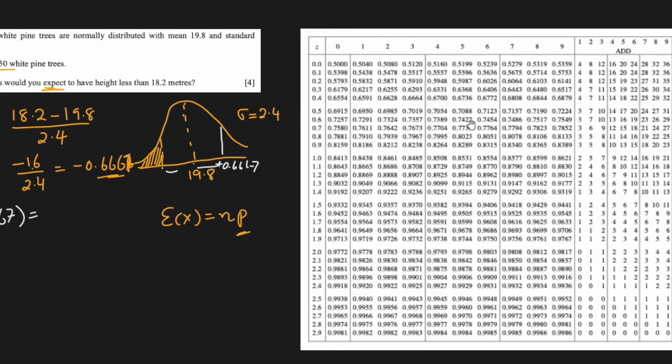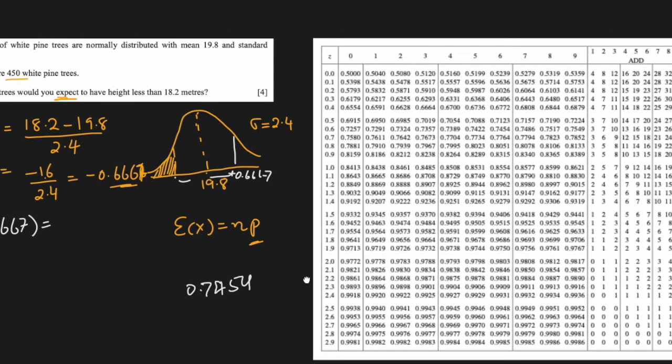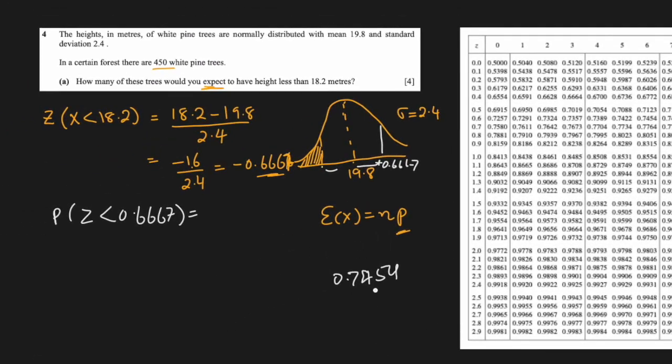So 23 will be added to 7454. Let's see, 23 will be added to this. So it is 0.7477.